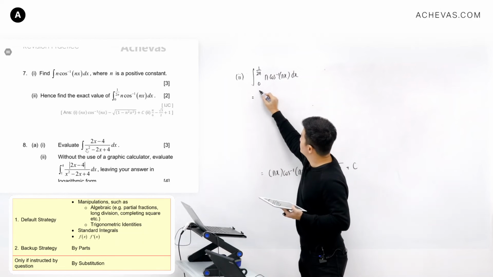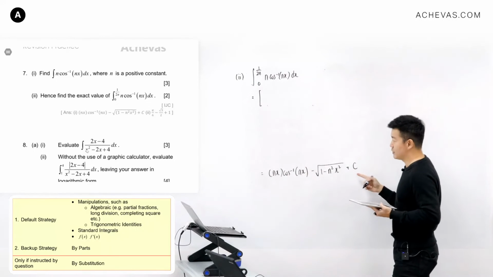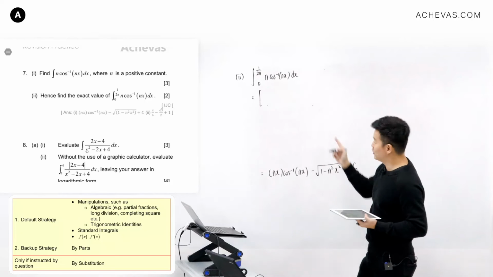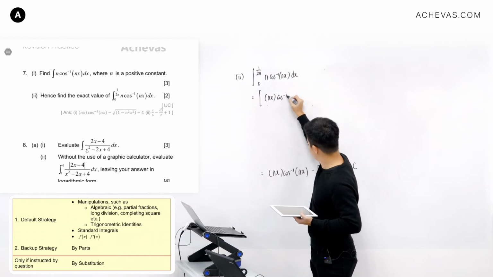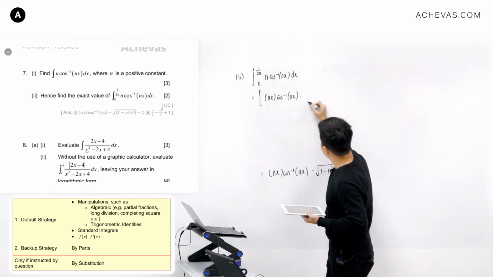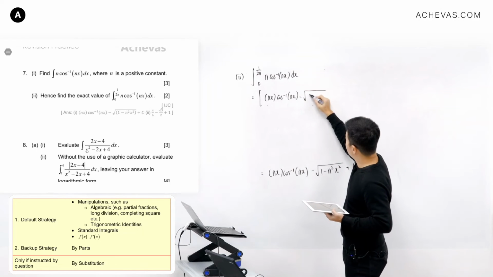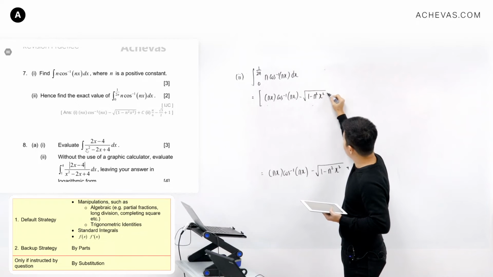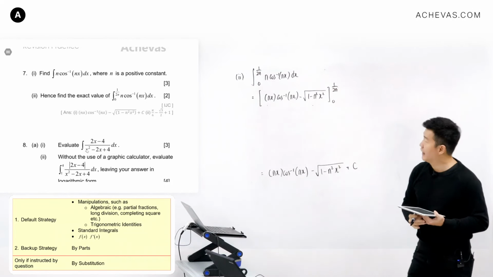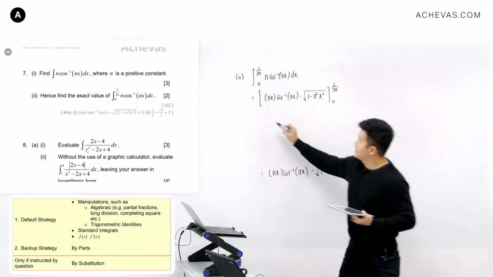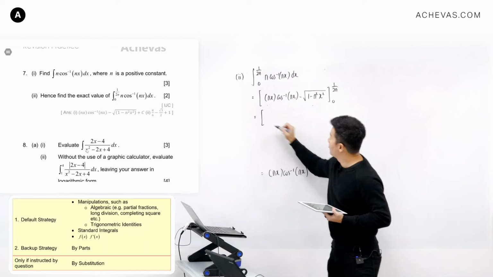For this, I can now make use of this result, and I still cannot do cut and paste, so I'm going to just write it again. x cosine inverse nx minus away the square root of 1 minus n squared x squared, from 0 to 1 over 2n. Let's substitute the numbers in.